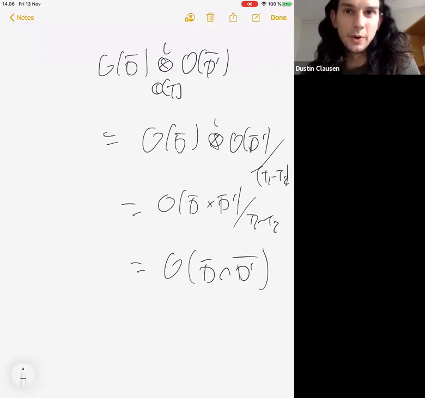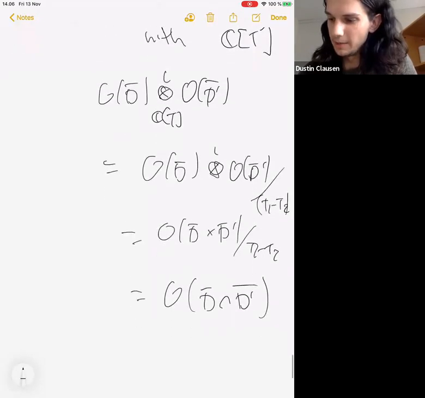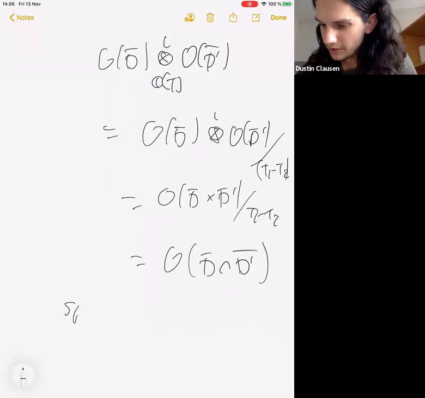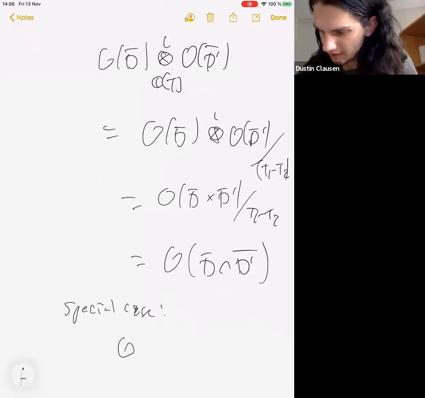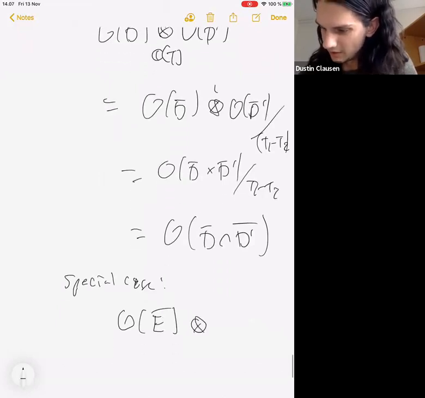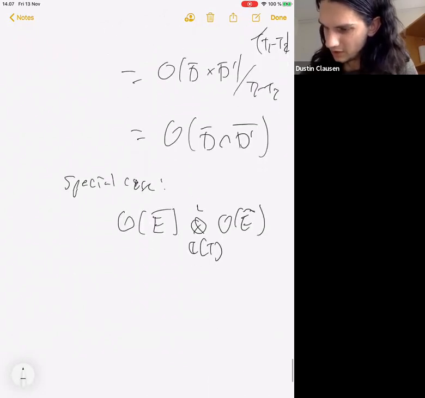Okay, so that works for doing it over this algebraic base, but now let's note a special case. If you take, say, any disk, for example, E bar, and then you tensor it over CT, a derived tensor product, OE bar, this is just OE bar again.